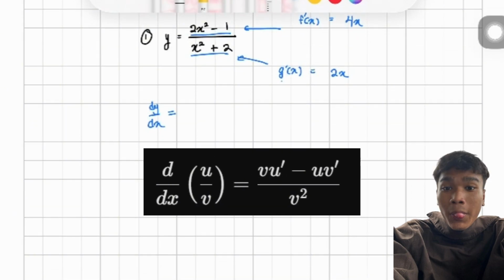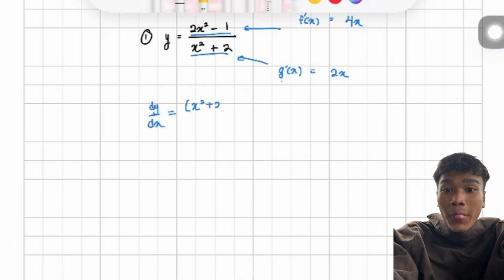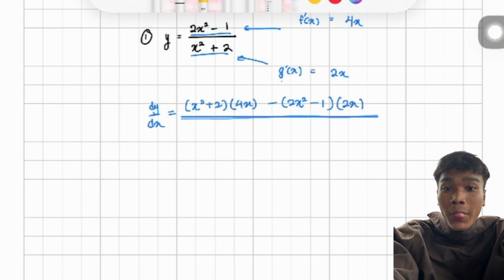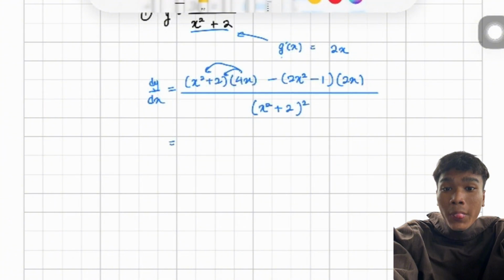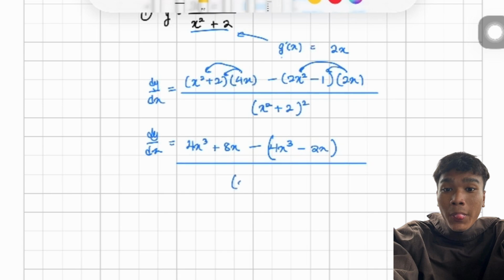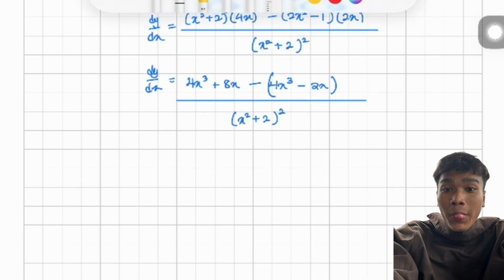So we get, x squared plus 2 multiplied by 4x, minus 2x squared minus 1 multiplied by 2x, over x squared plus 2, all squared. First, we expand the first one, so we get 4x cubed plus 8x, and then we expand the second one, so we get 4x cubed minus 2x, over x squared plus 2, all squared.